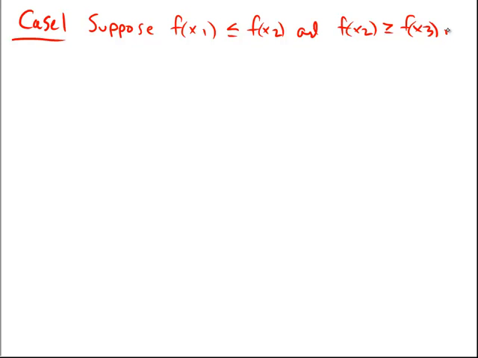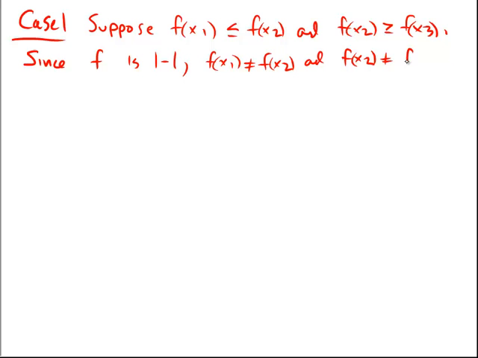You might notice that we said that f was injective, right? It was 1 to 1. So since f is 1 to 1, since it's injective, f of x1 cannot be f of x2, and f of x2 cannot be f of x3. So we don't repeat the values.